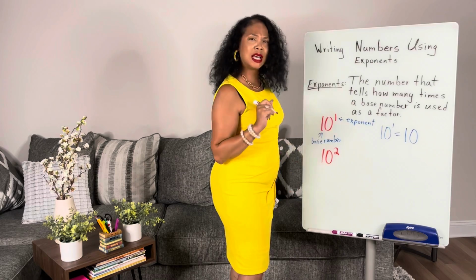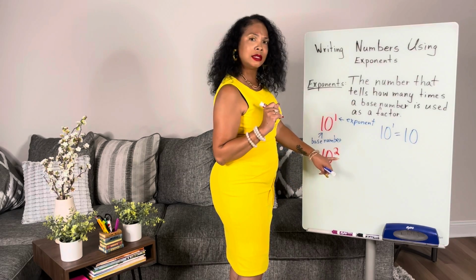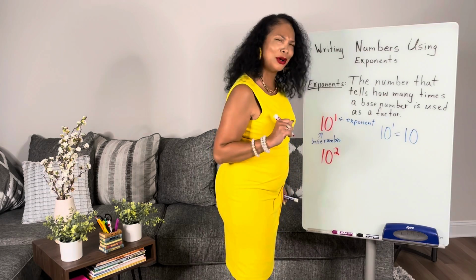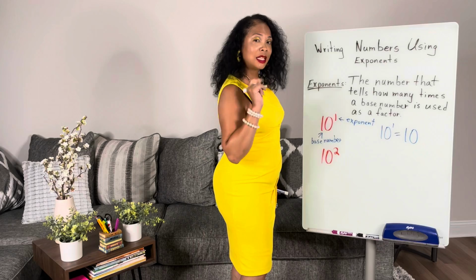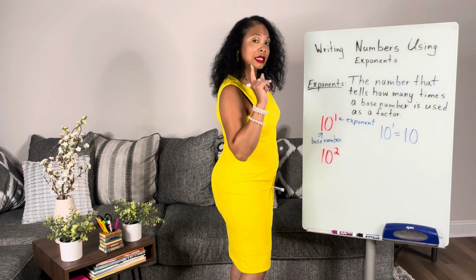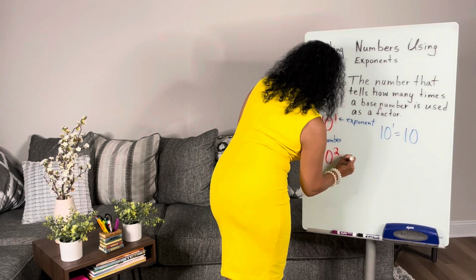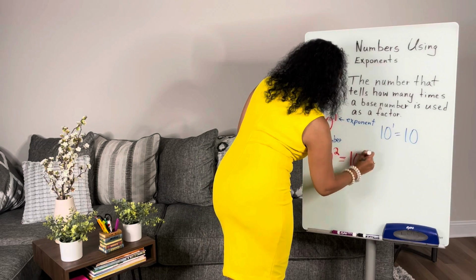Okay, so how many times did it say? That's right. You are absolutely right. So smart. 10 to the second power is 10 times 10. Those are our two factors, right? 10 times 10.